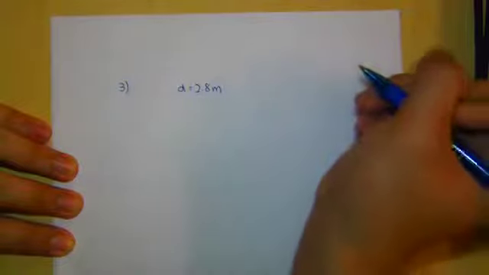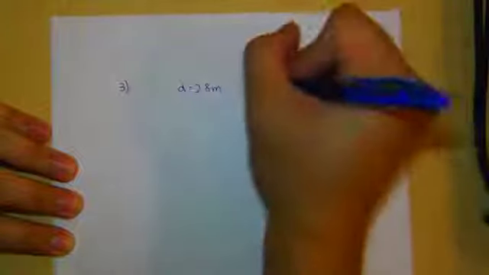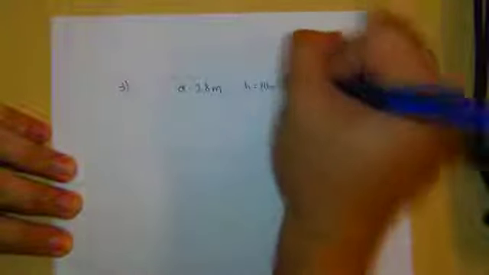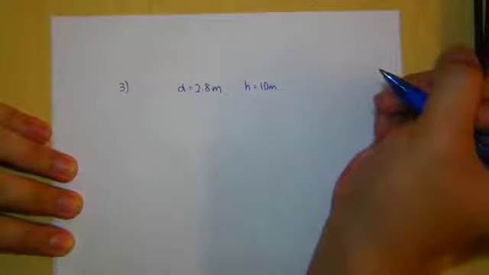Okay, let's move on to question number 3. Again we have a cylindrical storage tank of diameter 2.8 meters. So the diameter of the cylindrical storage tank is 2.8 meters. And the height is 10 meters. Okay, so it's completely filled with a certain fluid.